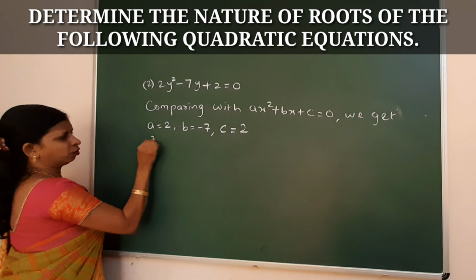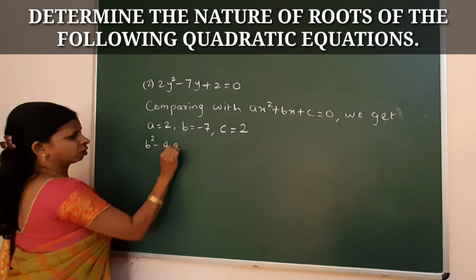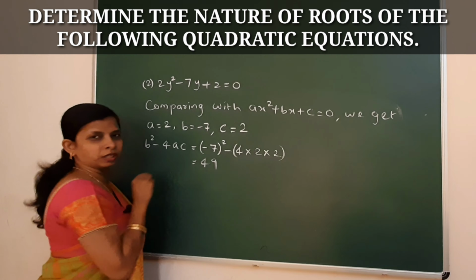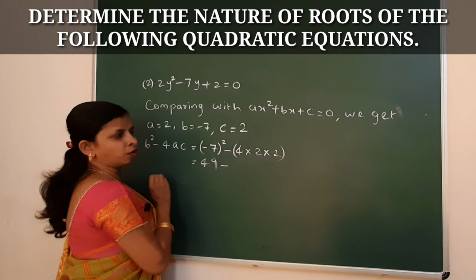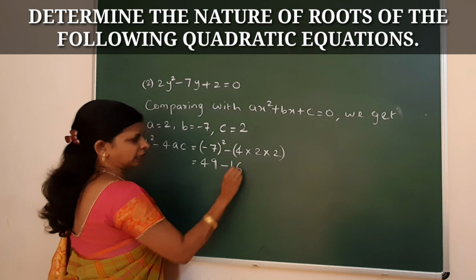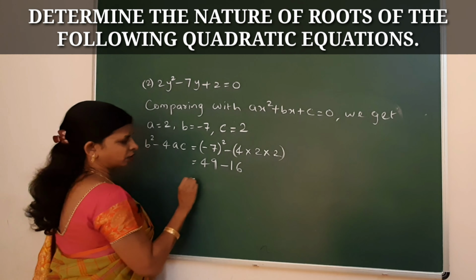Let us find out the value of b square minus 4ac. Minus 7 the whole square minus 4 into 2 into 2. 7 sevens are 49. 4 twos are 8 twos are 16. So the answer is 33. This is positive, so this is obviously greater than 0.